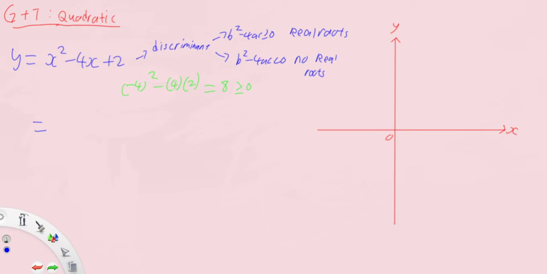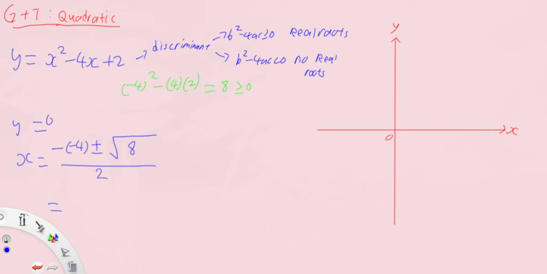Alright, so now let's find the roots. So using the quadratic formula, we let y equal 0, we then have x equals, I'm going to skip writing the entire equation again, minus b, so we have minus minus 4, plus minus, because quadratic equations usually give us two roots, so we need the plus minus square root of b squared minus 4ac, which we found out to be 8, over 2a, so 2 times 1, 2.